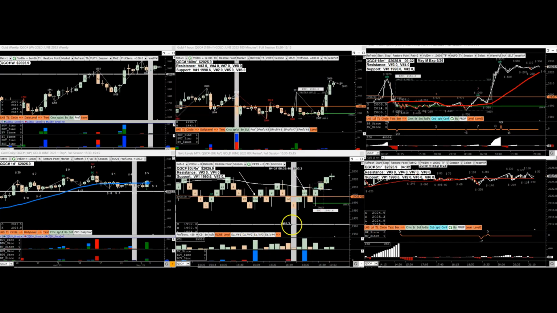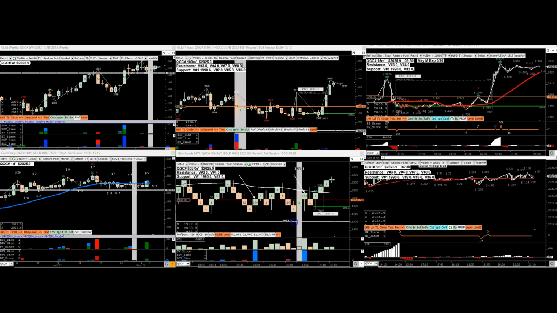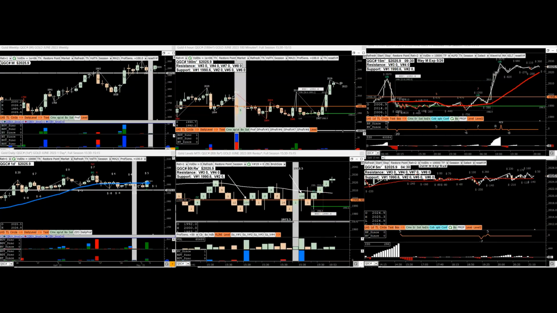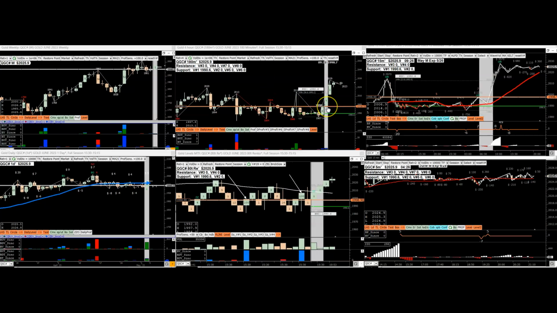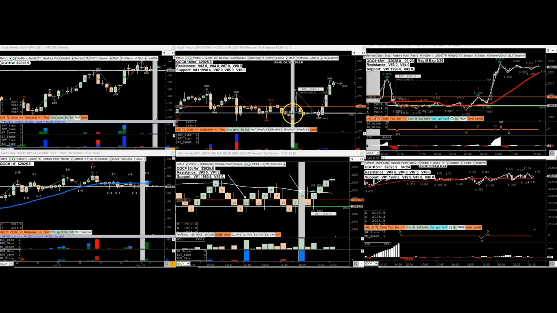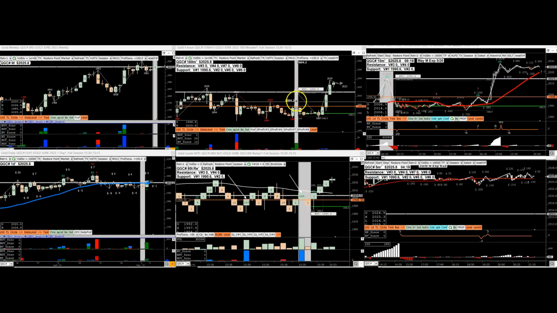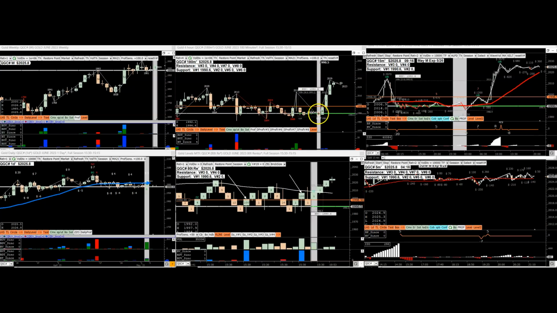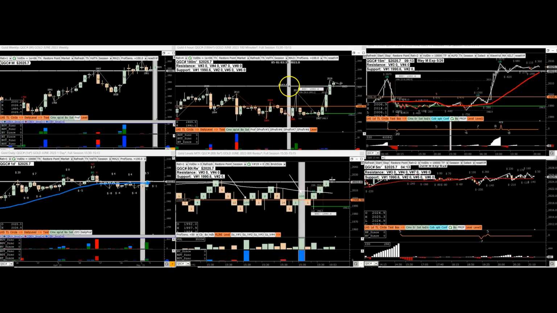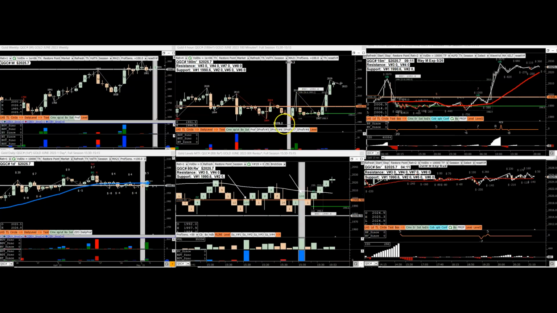And now you have this demand area. And this bar is the biggest bar in 9 bars right here. Then the biggest in 29. Comes back, reaccumulates, breakout. Now we'll look for a test of the breakout.